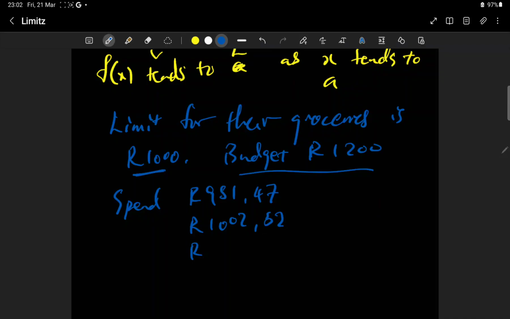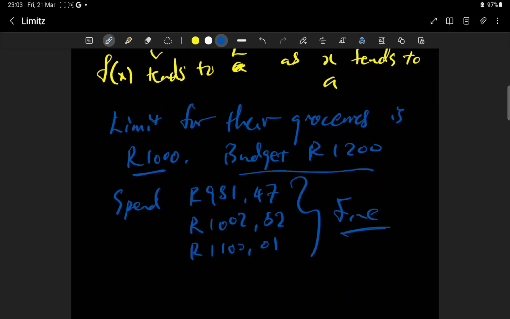Or maybe they spend 1,000.01. Usually the person will be fine with this, especially if their budget is 1,200. I'm just giving an example here. Usually that's what happens to a lot of us.